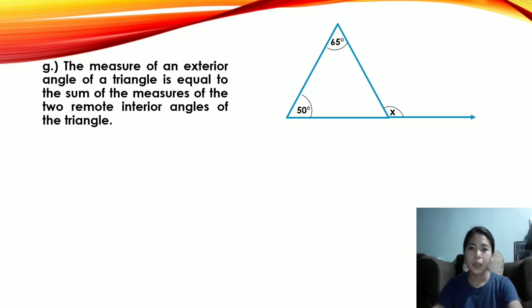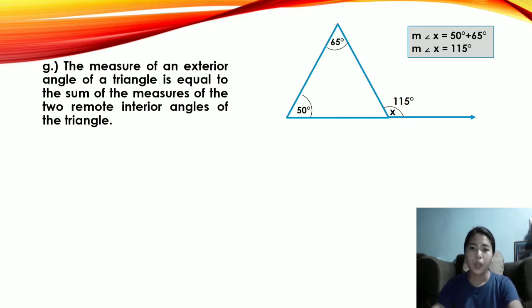So the measure of angle x is equal to the sum of the two remote interior angles, which is 50 degrees and 65 degrees. So we have 50 degrees plus 65 degrees, that is 115 degrees. So the measure of the exterior angle is 115 degrees.